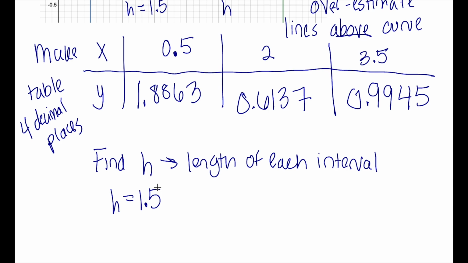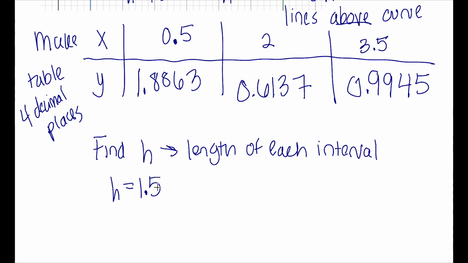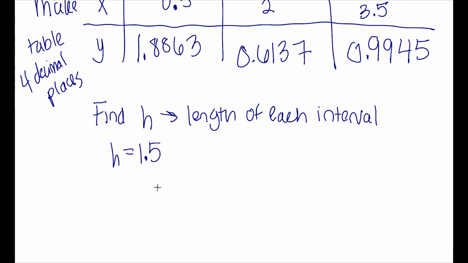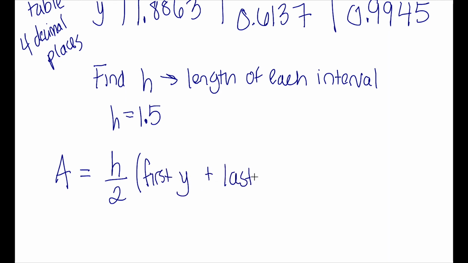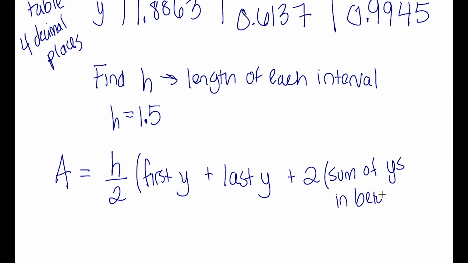Okay, there's a formula, and it's on your formula sheet, but it looks a little crazy, so I'm just going to explain to you what you need to do. And then if you want to check out the formula on the formula sheet and see how it works, you can do that. So to find the approximate area, we have h divided by 2. Then you multiply that by the first y plus the last y plus 2 times the sum of the y's in between them.